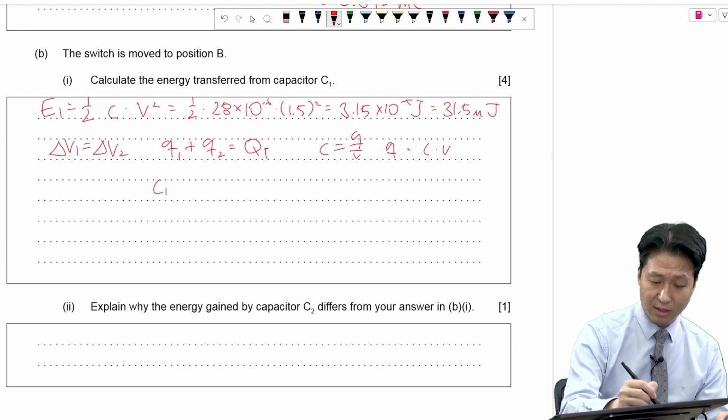This would be C1 times the voltage 1 plus C2 times the voltage 2.